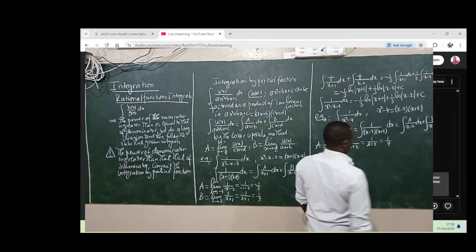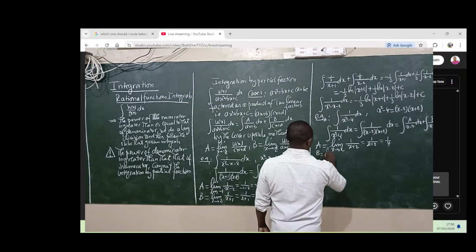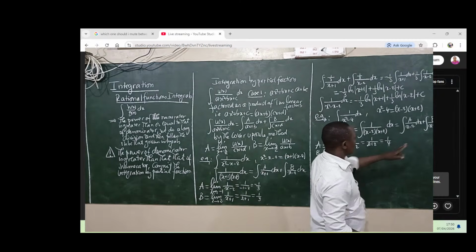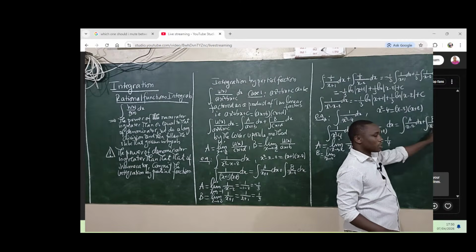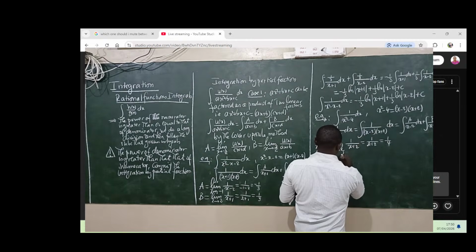The b value will be given by the limit as x approaches, because the denominator of b is x plus 2, we need to hide this x plus 2. We will be staying with 1 by x minus 2.